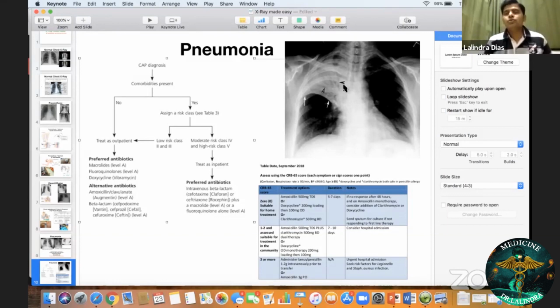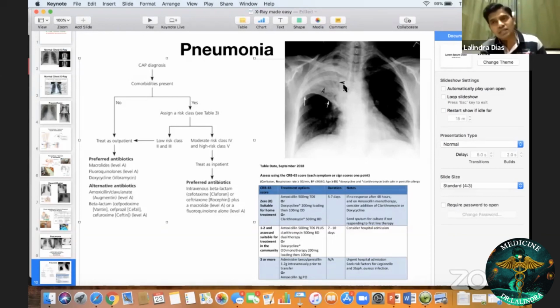When it comes to antibiotics and pneumonia, what are the best antibiotics? If it is moderate to severe community acquired pneumonia, the best first line therapy is intravenous either ceftriaxone or cefotaxime.